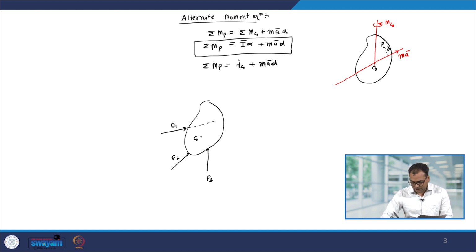Now, let me extend the line of action of F1 and F3, and at the intersection let me take point P. If we have less information about F1 and F3, in that case we can take the moment about P, because then the effect of F1 and F3 will be 0. So, if you want to eliminate F1 and F3, then the point P is more convenient.